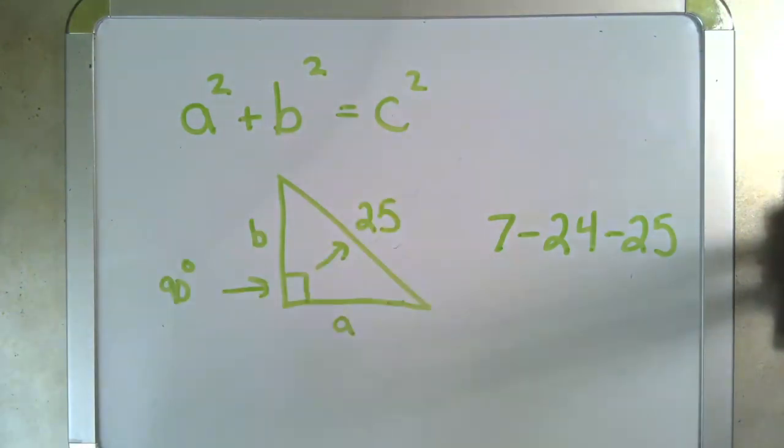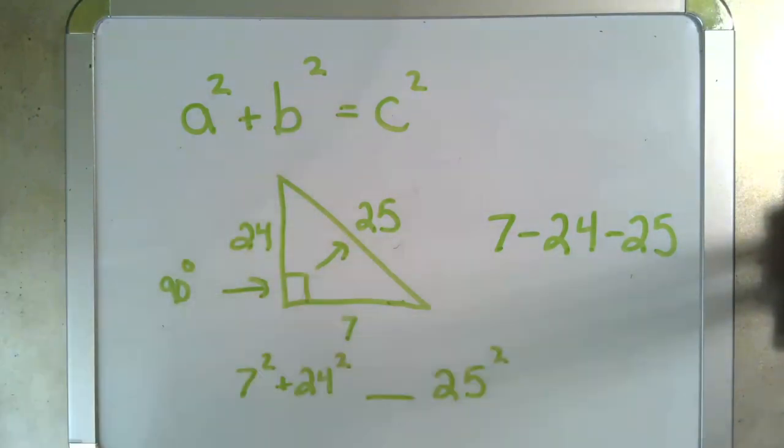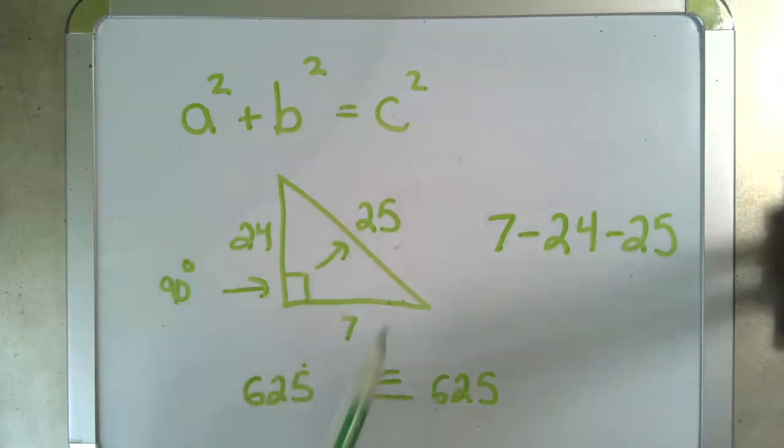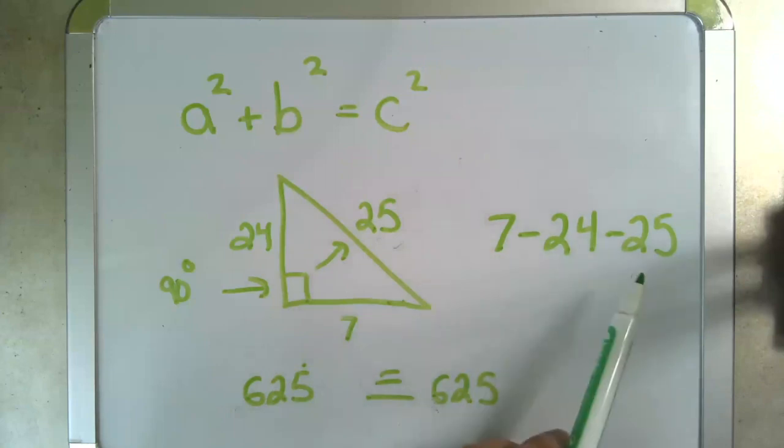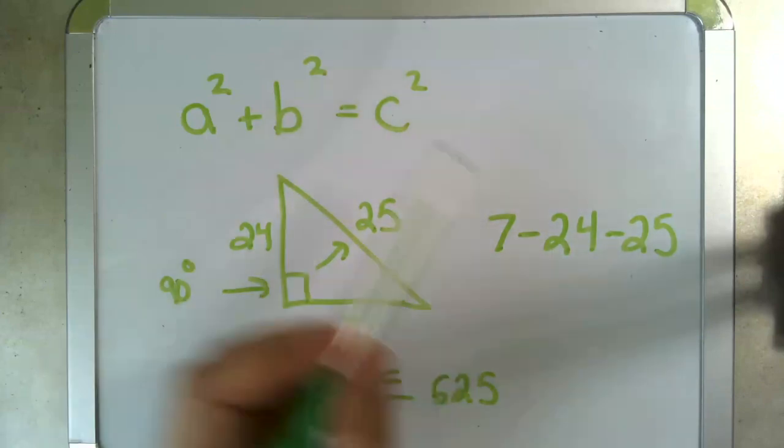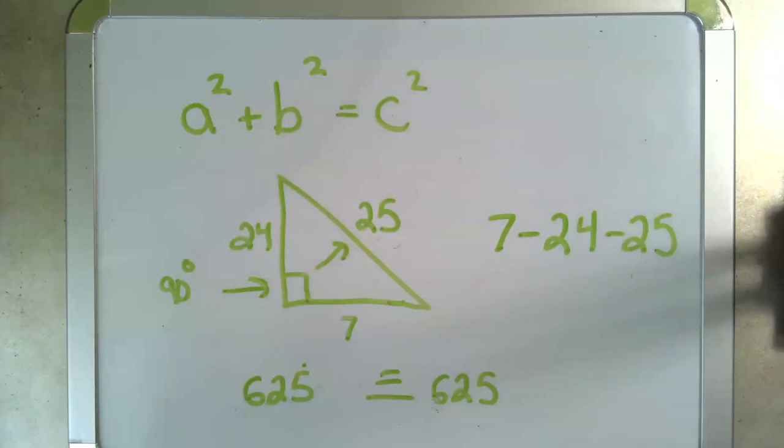And then if we randomly assign the other two sides, and then we check out our math, we find out that 7 squared is 49, 24 squared is 576. And when we sum those, we get 625. And 25 squared is 625, so those two are equal, and therefore 7, 24, 25 is a right triangle.